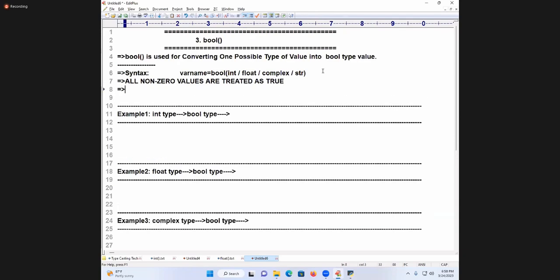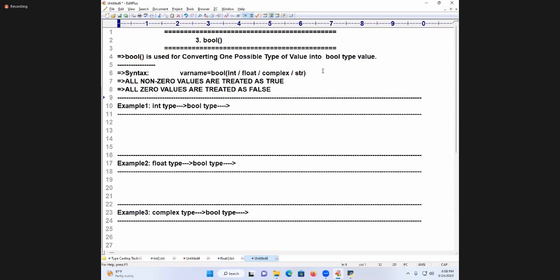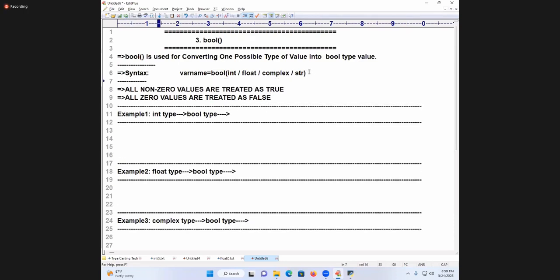True. Next, all zero values are treated as false. Take care, students. Keep these things in your mind and answer my questions. This is the syntax we have seen.